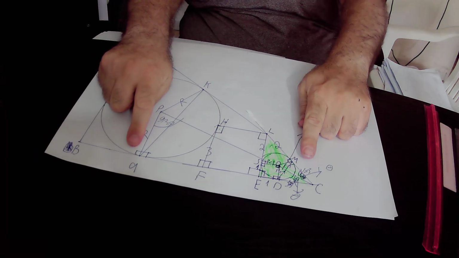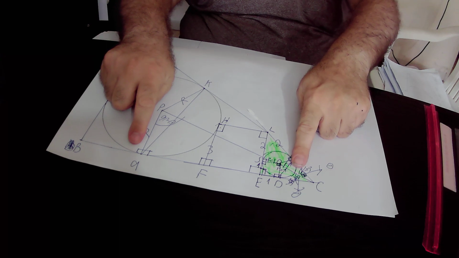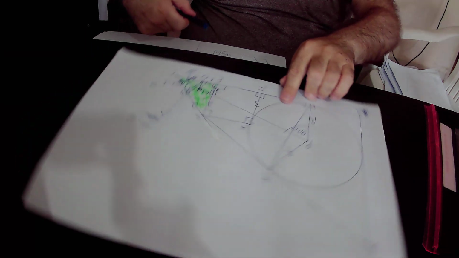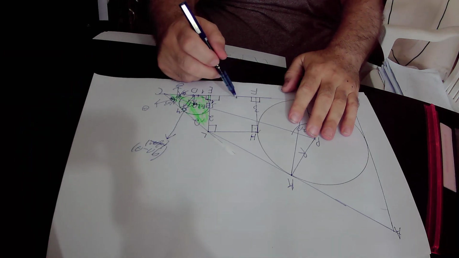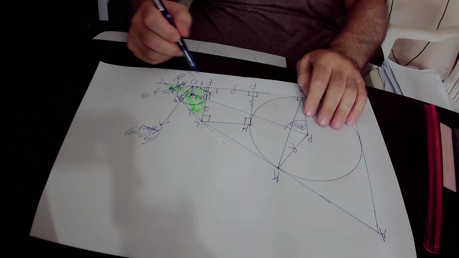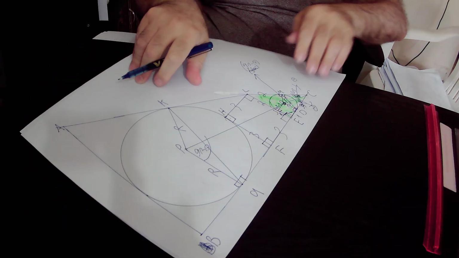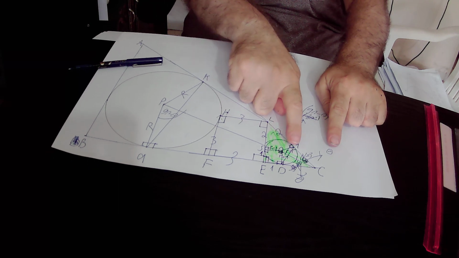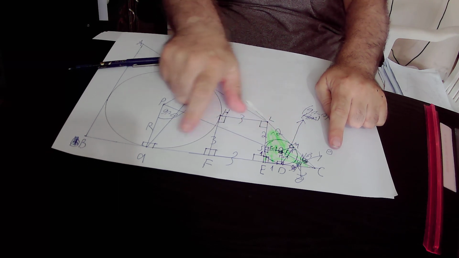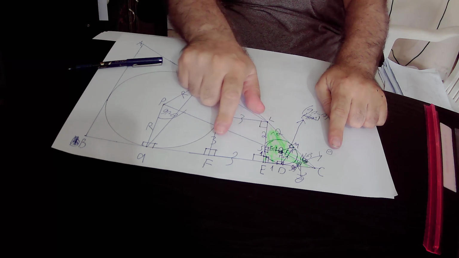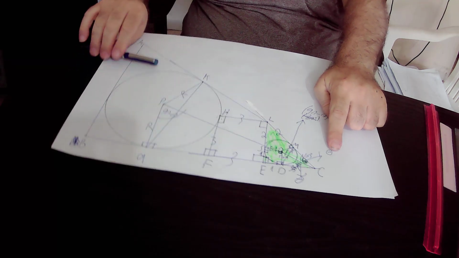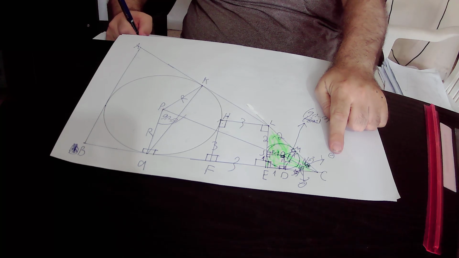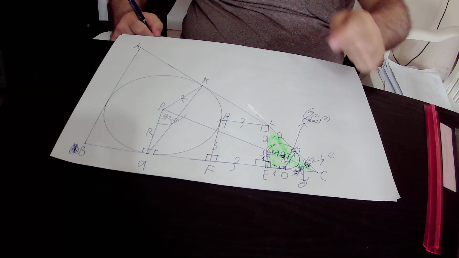Here we know that one side of the square is equal to 3 units. So QC is equal to 3 plus 1 plus 3 plus 3 plus 1 plus 3 is 7 plus QF. So QC equals 7 plus QF, so we substitute QC by 7 plus QF over DC.